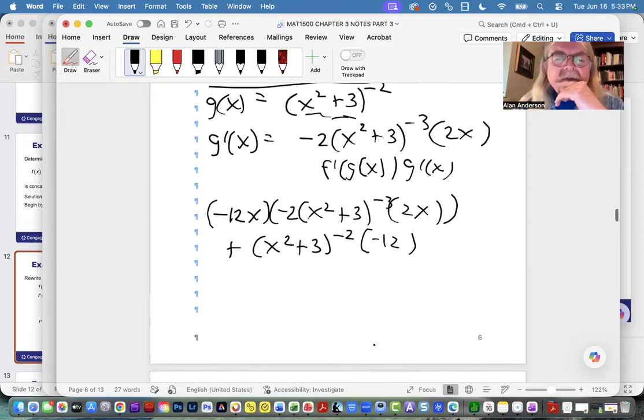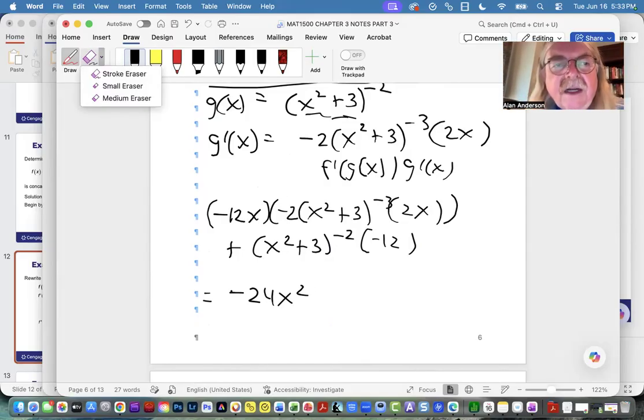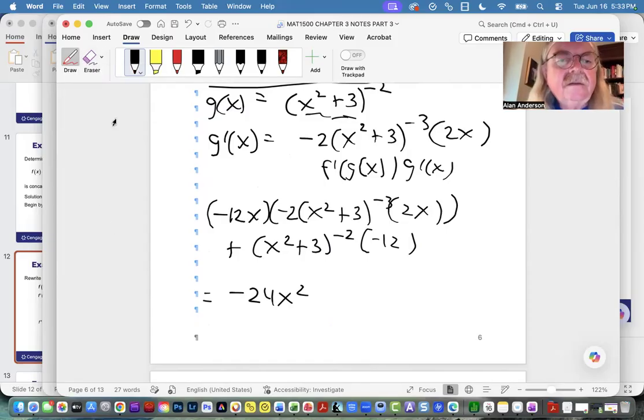All right, so let's just simplify this a little. This first and this last term, I can multiply together to get minus 24x squared. Oh, wait, there's a negative 2 here, so let's make that positive 48. Whoops, 48x squared.